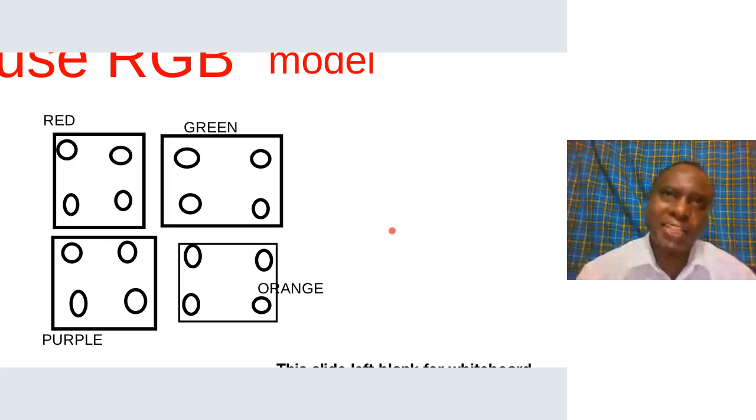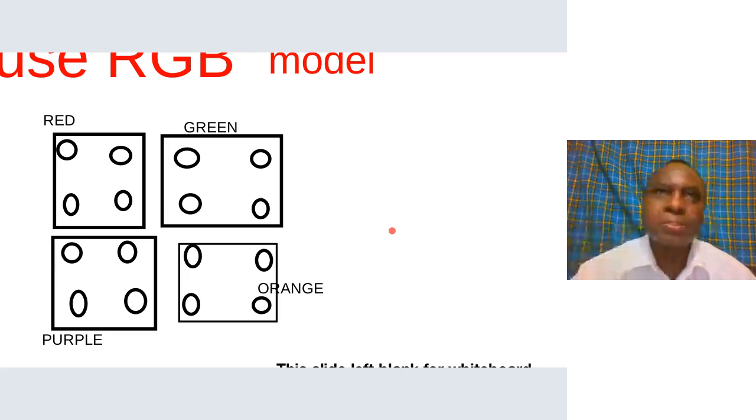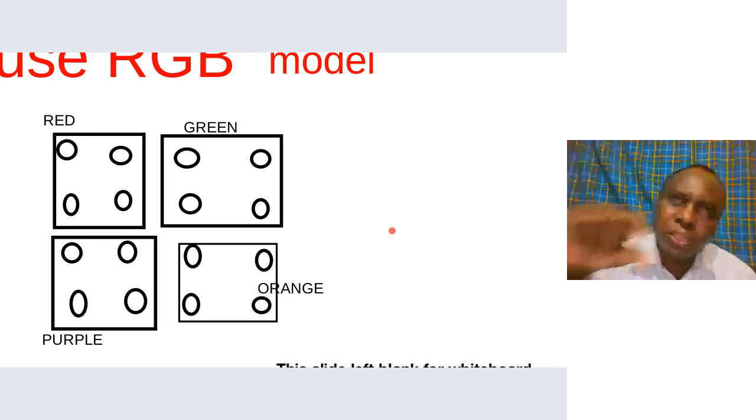So depending on the coding system, you have different colors. That's how your pixels will have different colors. Some of your pixels will be red, some will be blue, some will be yellow, depending on its code. What is the code? The bit code, the combination of bits.